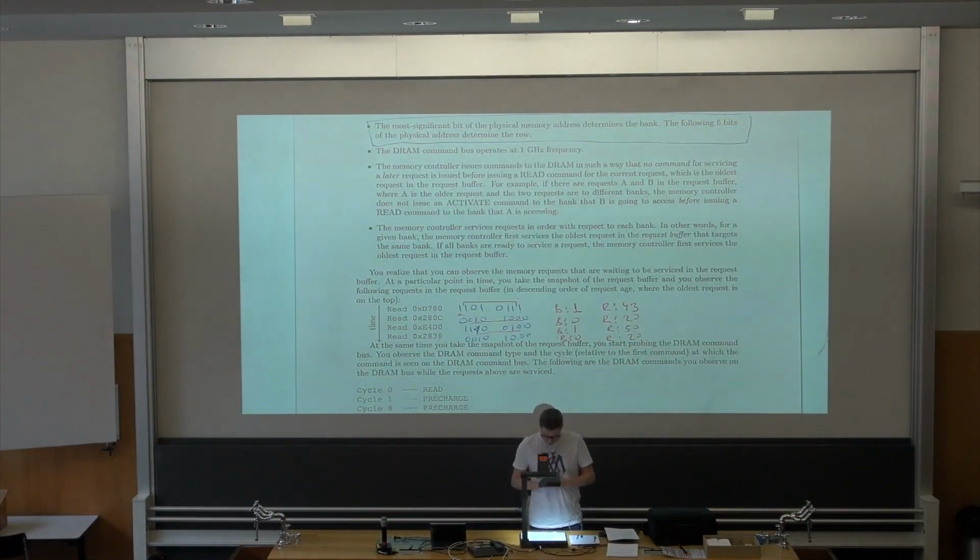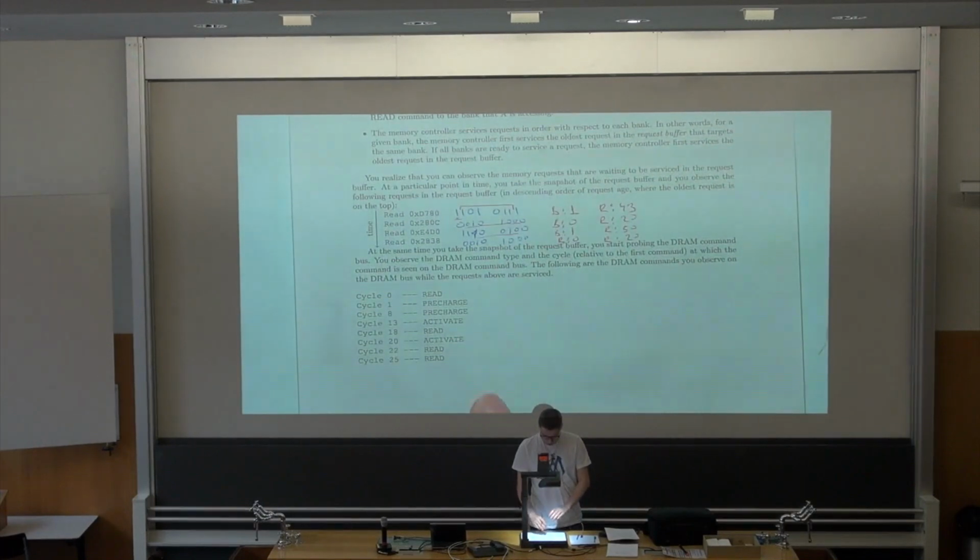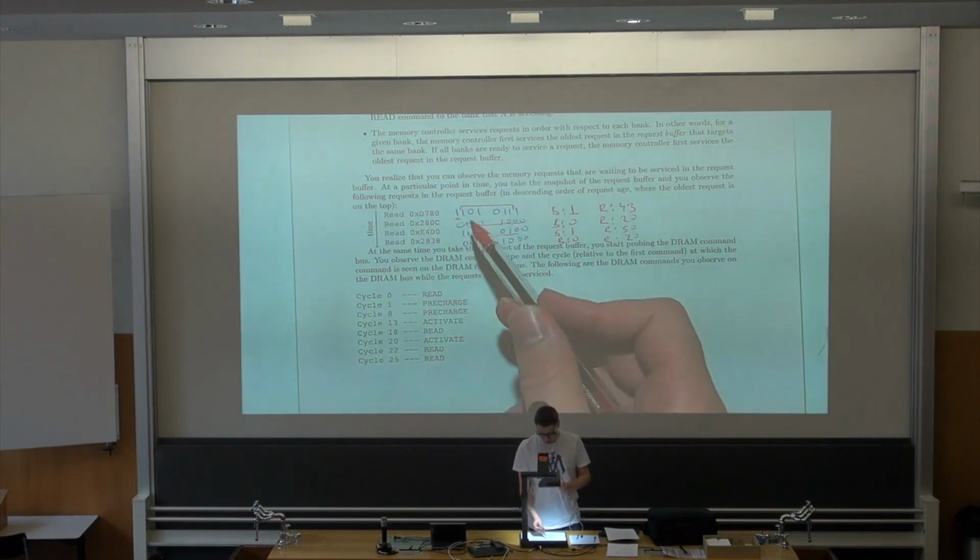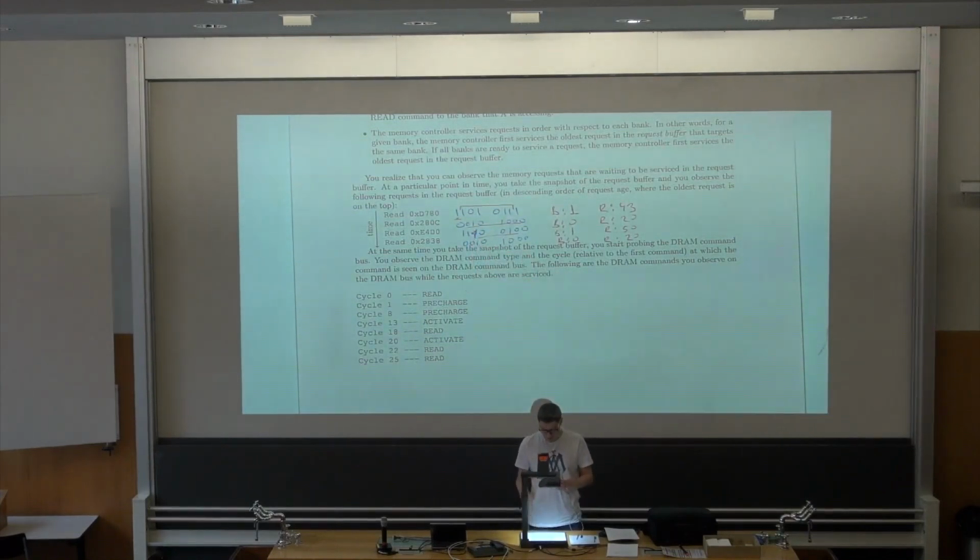Okay, and basically, if you look at those commands here, we see that the first command that the memory receives is read, right? So it means that for the requests here, we have the row already open, right?